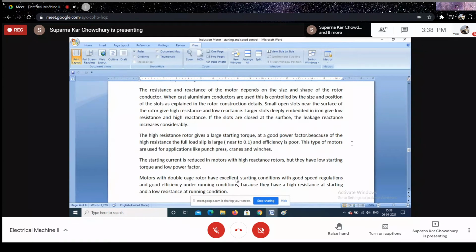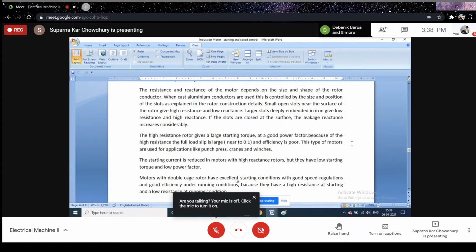This can be derived from the expression we have derived. That is, if we have large rotor resistance, the starting torque will be large. Power factor will be better because it is mainly resistive. If we increase the resistance, power factor will be better.